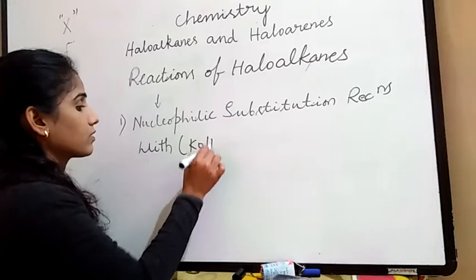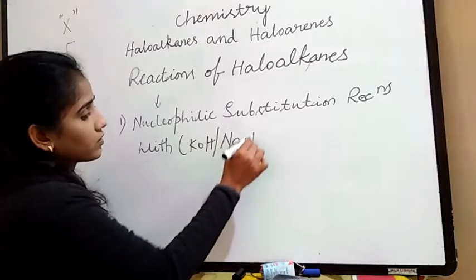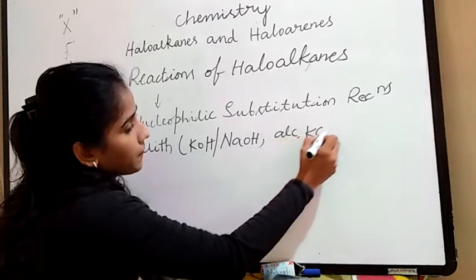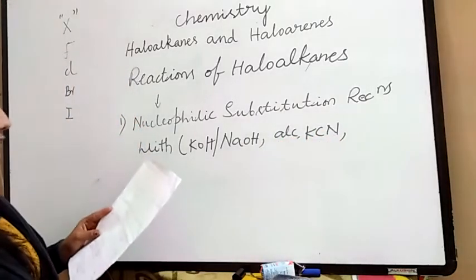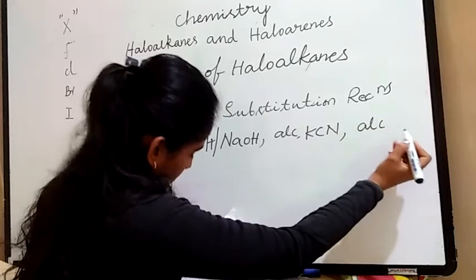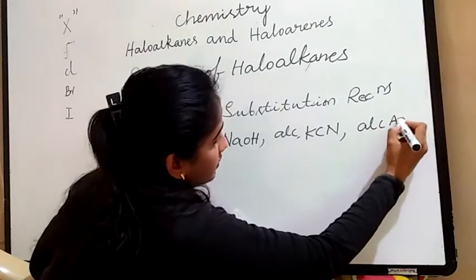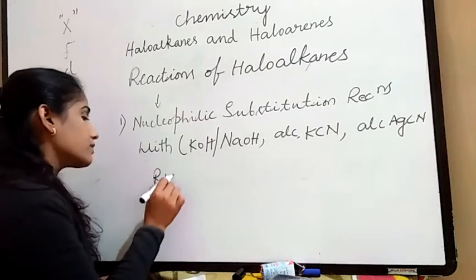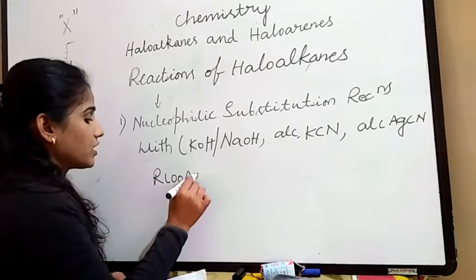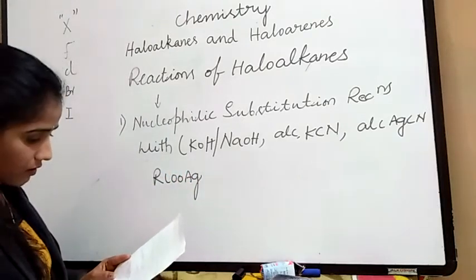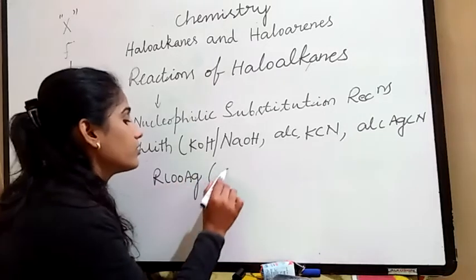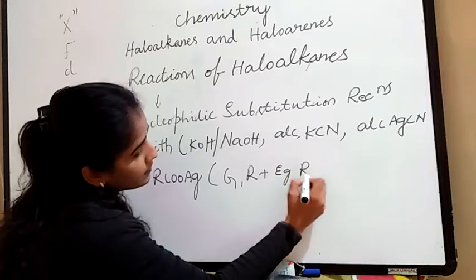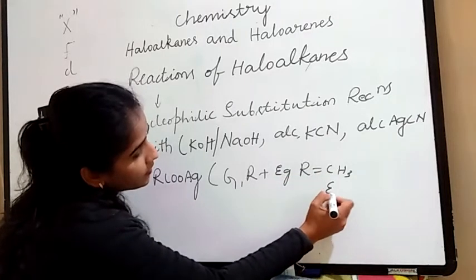KOH or NaOH, alcoholic KCN (potassium cyanide), alcoholic AgCN (silver cyanide), and RCOOAg, with the general reactions, and by taking examples of R equal to CH3 and C2H5.